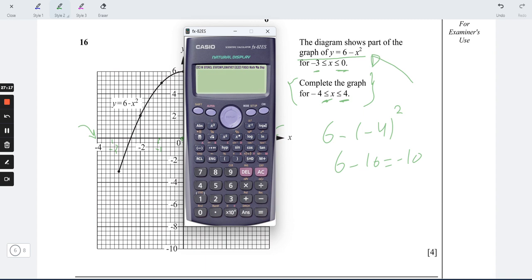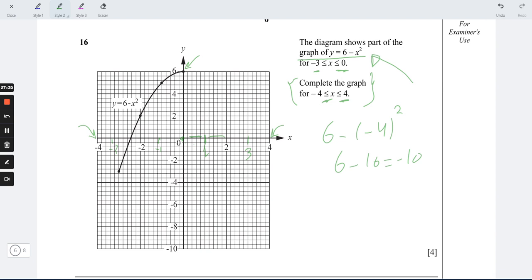Same if you want to find the value for 4: 6 minus, between two brackets, 4 to the power of 2, you will get again minus 10. So y equals minus 10 when x equals 4, and when x equals minus 4 we again get y equals minus 10.